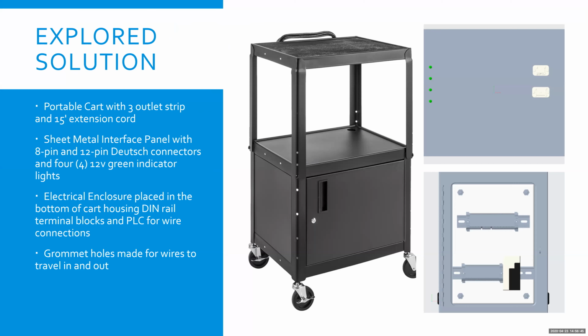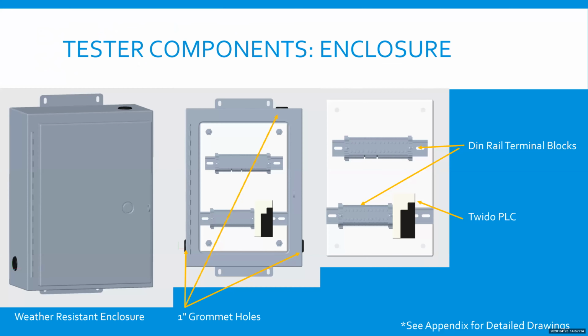And then we would fabricate a sheet metal interface panel that would go on the middle part of the cart with our indicator lights and our connectors, the Deutsch connectors. And then on the lower part in the enclosure, we would have a separate enclosure with our PLC, and then grommet holes for all the wiring to travel throughout the cart.